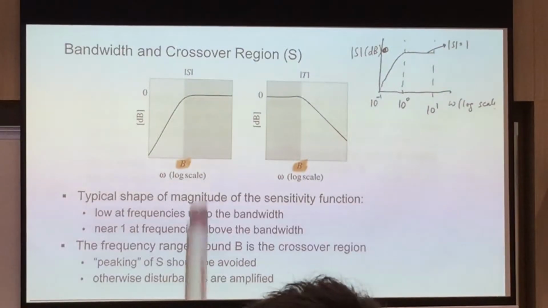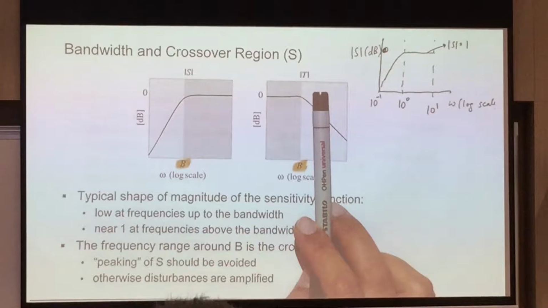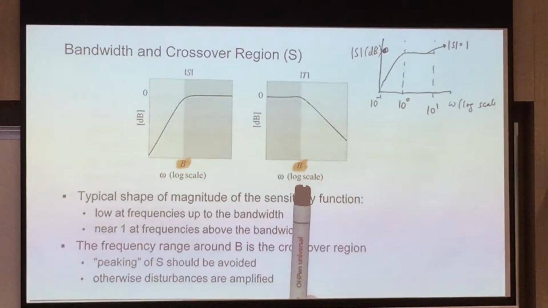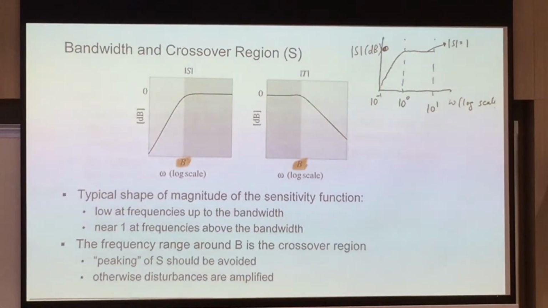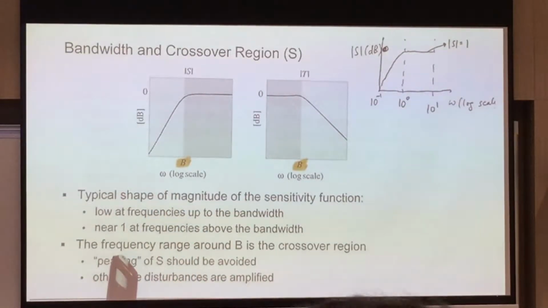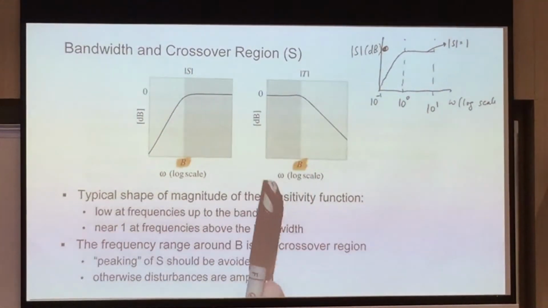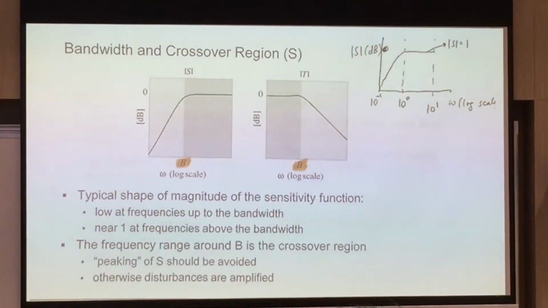Okay? This is a part of the sensitivity function, the complementary sensitivity function. What is extra? So now you see a B here for bandwidth. Okay? Basically what we are telling you is if you're operating the system, you ought to operate in this region, omega from 0 to B. Okay?